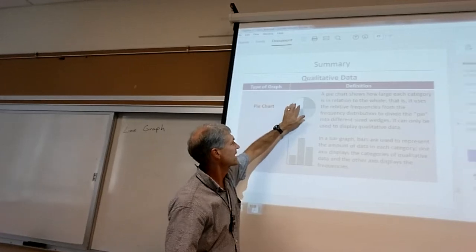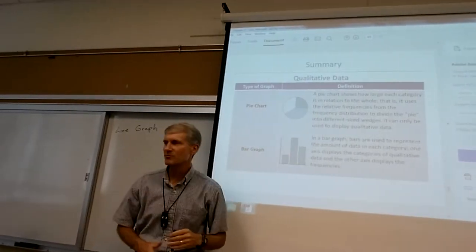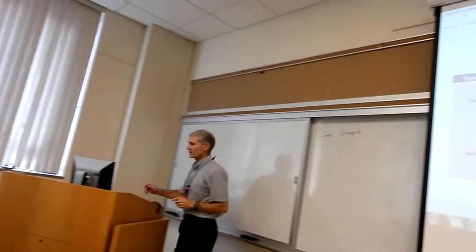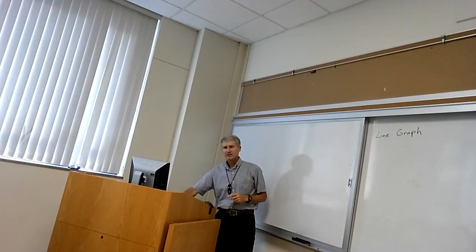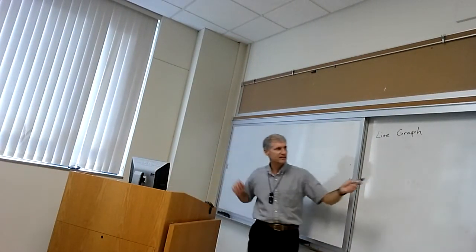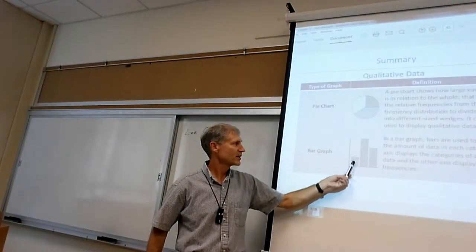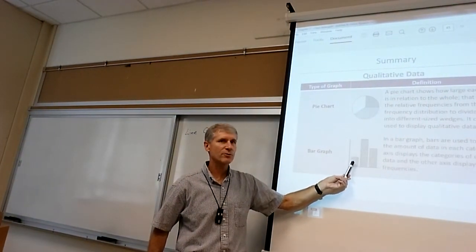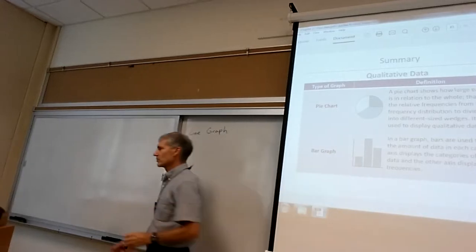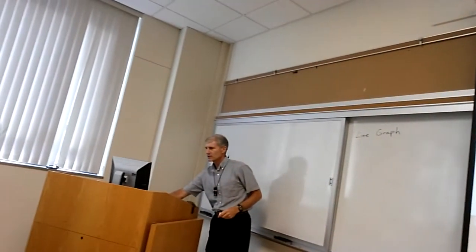But the size of the slice is the percentage of people who fall in that particular category. A bar graph is just a bar that gives the height of either the frequency, the number of people in that category, or the percent of people in that category. We talked enough about those.